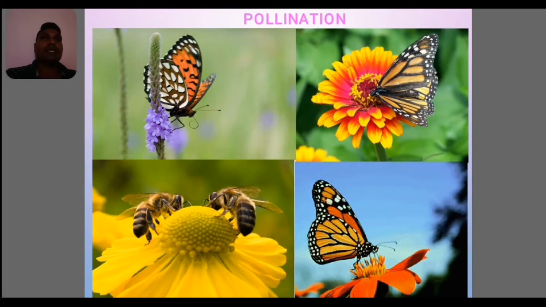A number of insects are symbiotically beneficial for the purpose of reproduction. Plants with very attractive colors attract many insects for pollination, and later the insects or bees also benefit by obtaining food material.